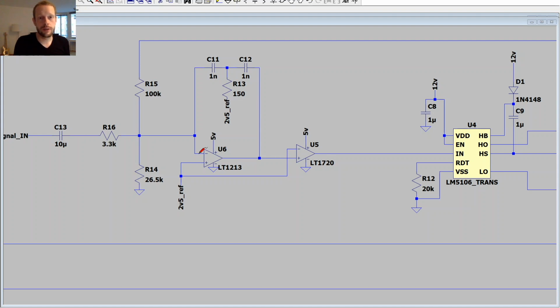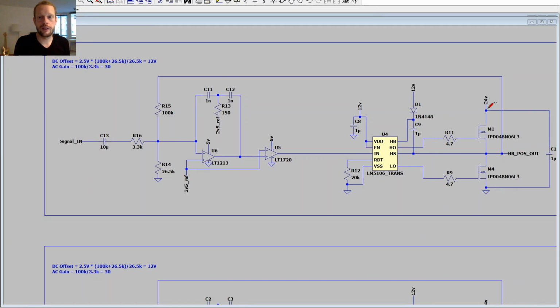But as this is a bridged amplifier, we want to have at the output exactly half of the 24 volts supply voltage. So somehow we have to set our DC point in a manner that we will have a regulated 12 volts when this point is 2.5 volts.